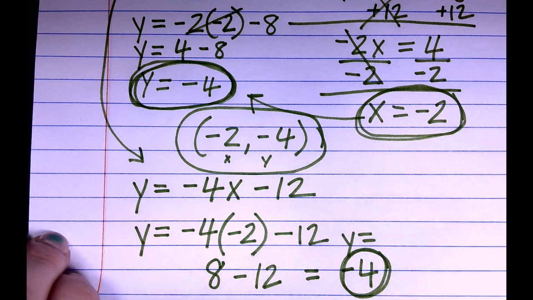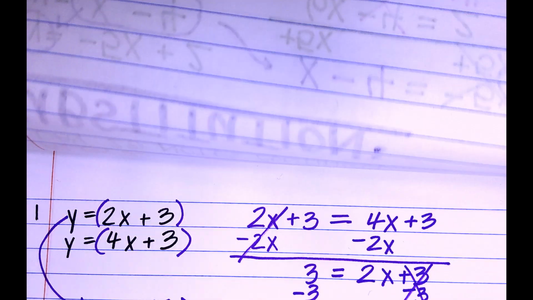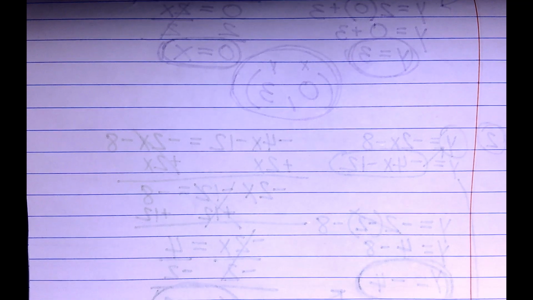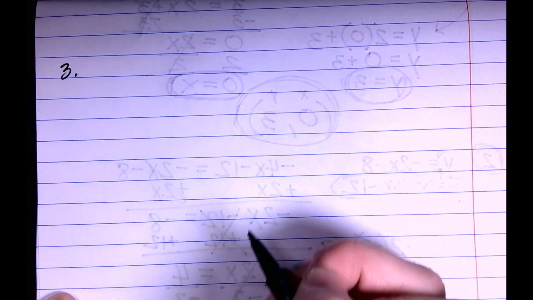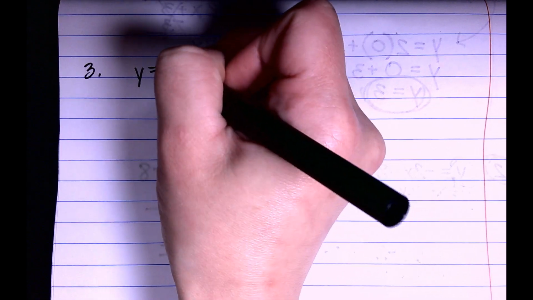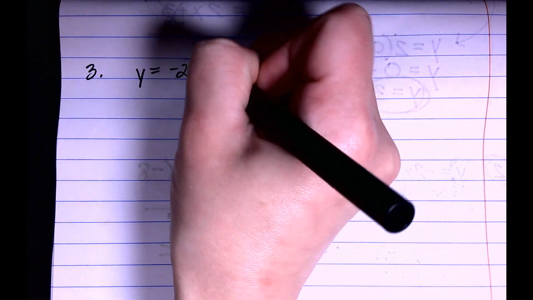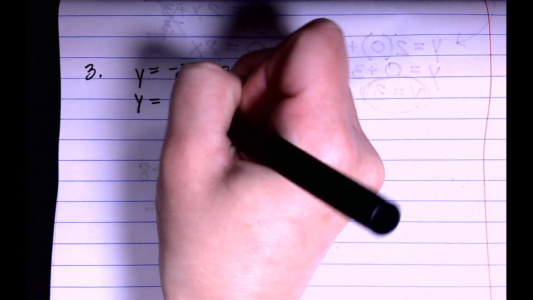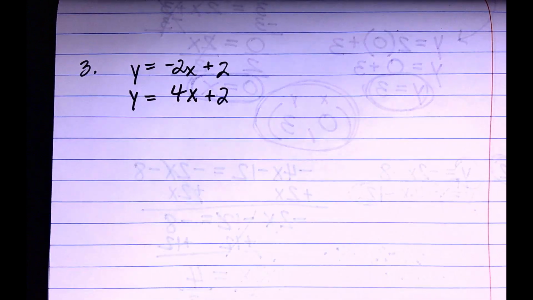Okay, I'm going to go ahead and flip and we'll look at number 3 real quick. Let's do that on the back of this page. This isn't really necessarily part of our notes. Okay, so number 3, I have y equals negative 2x plus 2 and y equals 4x plus 2.